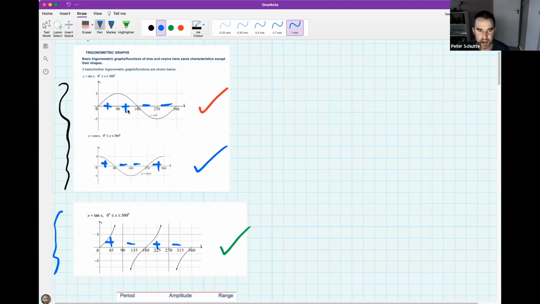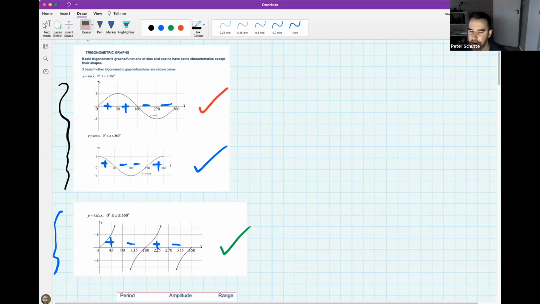Give me a thumbs up if you understand what I'm talking about with pluses and minuses. Where the graph is positive, for example at 90, the sine of 90 is equal to 1, and that's a positive value. That's why it's going to be positive there.